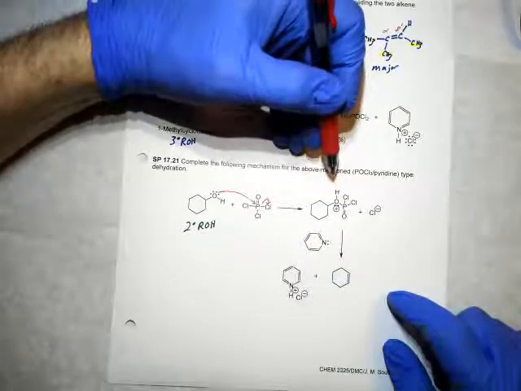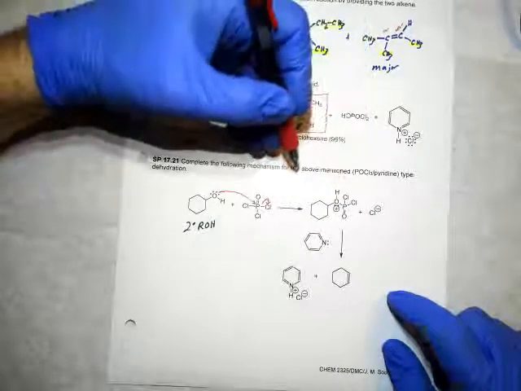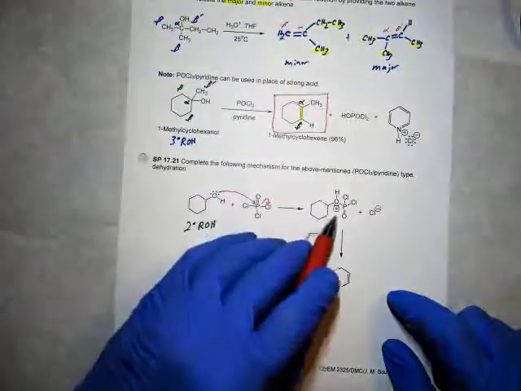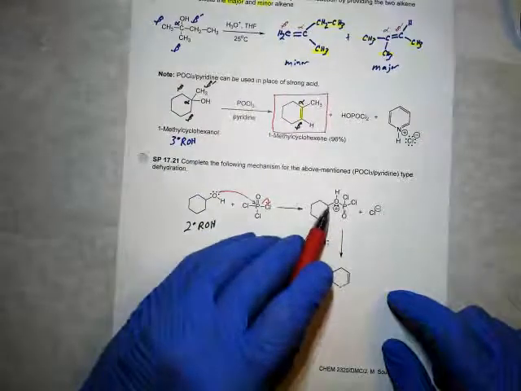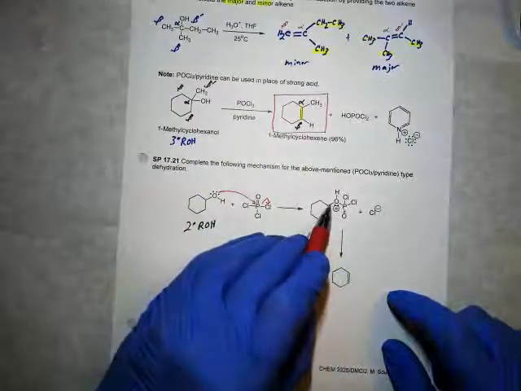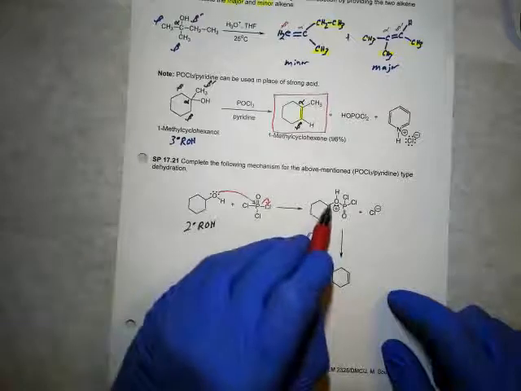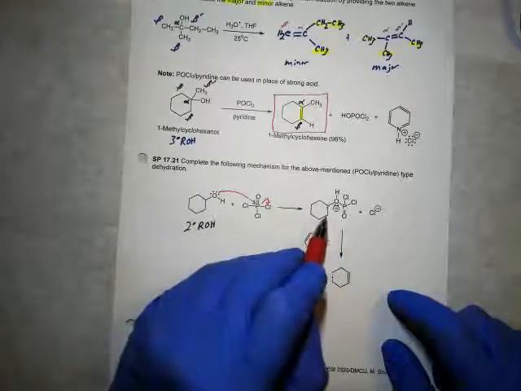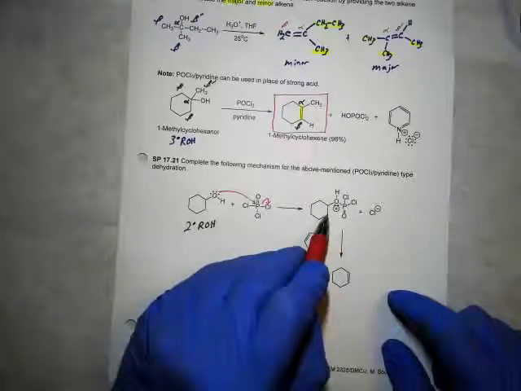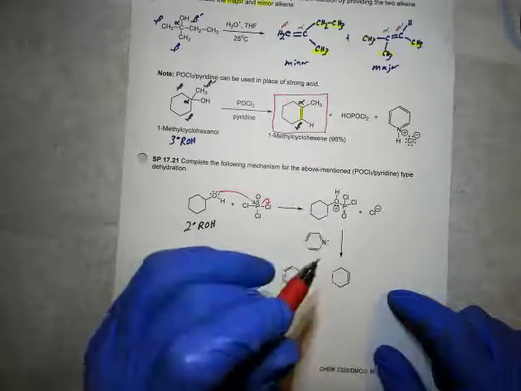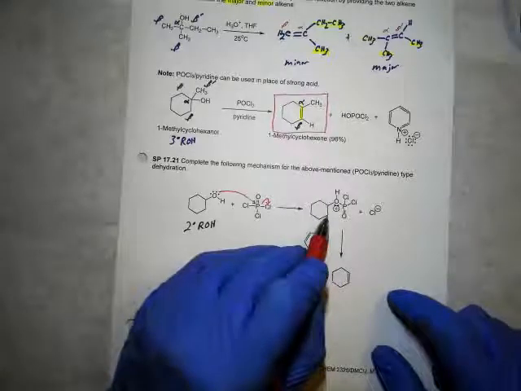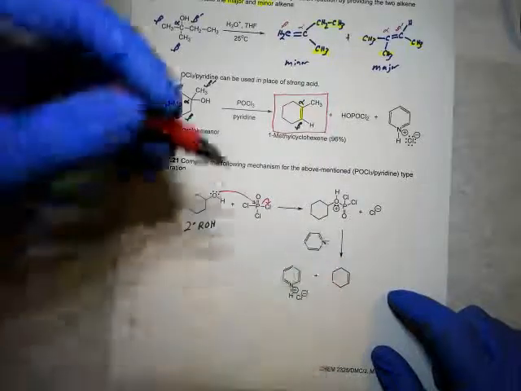Now this reaction can actually proceed one of 2 ways. One, because it's secondary, this bond could break and you'd have a carbocation, and you'd have a subsequent loss of a proton from here.